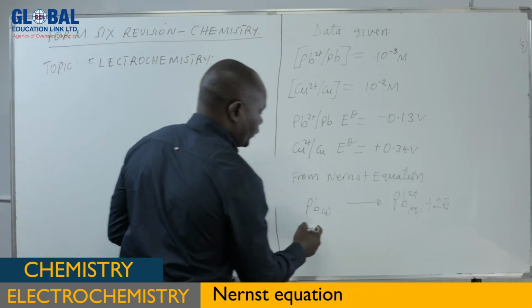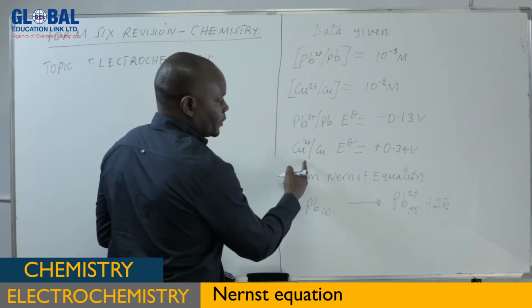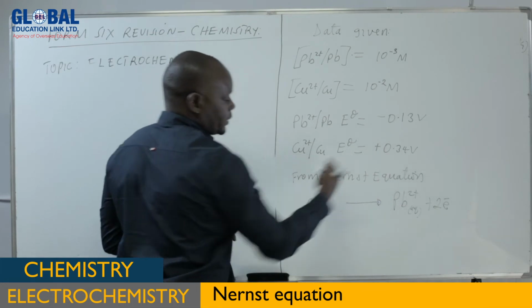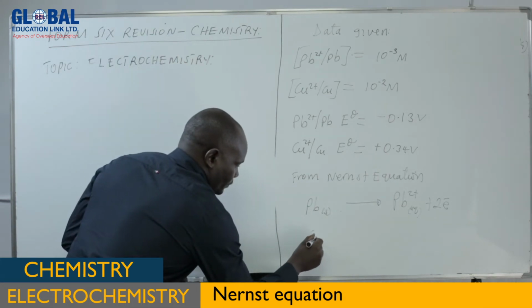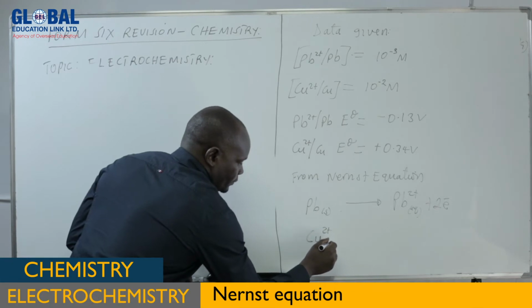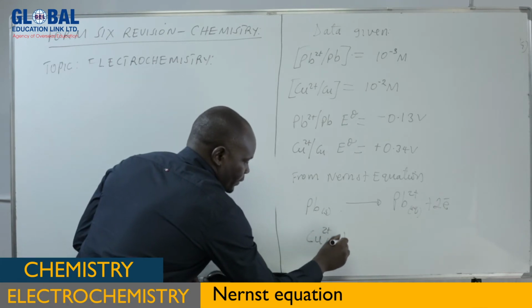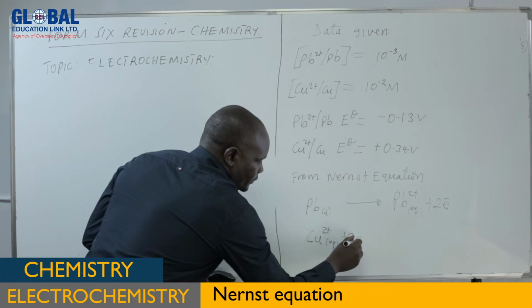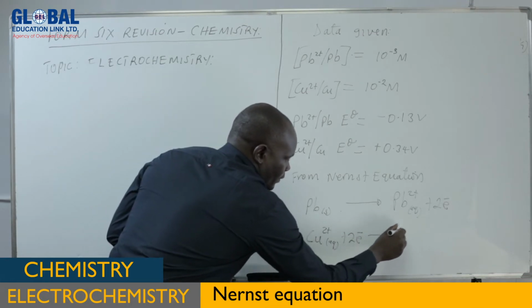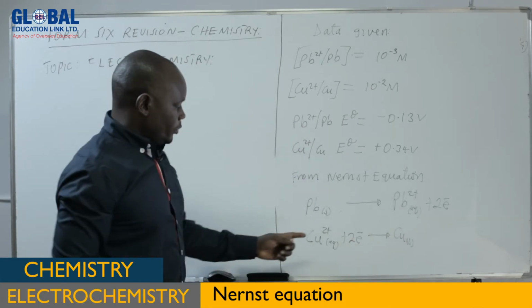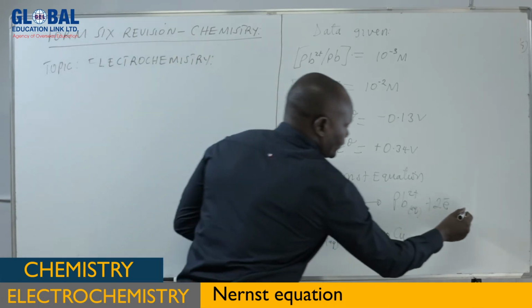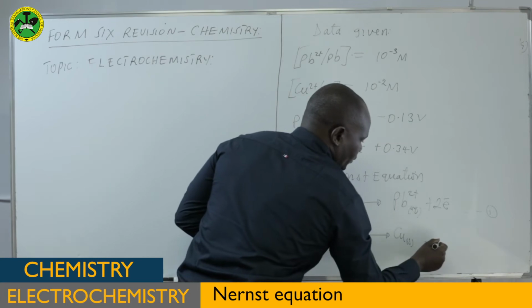The second half equation will be that of copper. Copper is the species that undergoes reduction. So it will be copper 2 ions, aqueous, plus 2 electrons, giving copper solid. So do you see, this is equation 1 and this is equation 2.